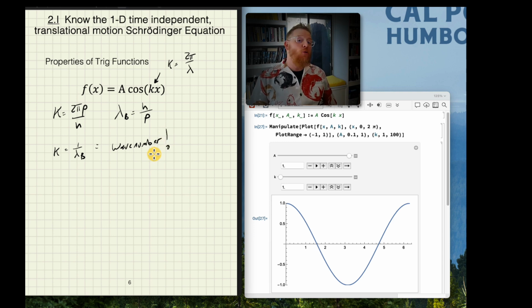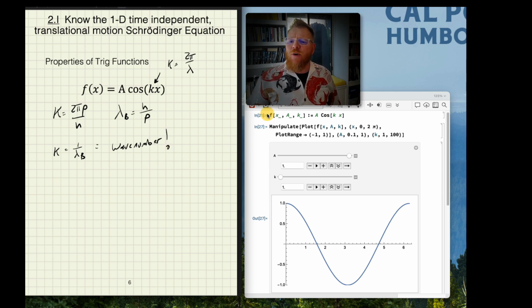So that's kind of cool. We just combined classical mechanics and quantum mechanics, and we came up with something that matches our basic trigonometry, that we get this value k, and it does take on the value of a wave number. It's 1 over the wavelength, in this case specifically the de Broglie wavelength.